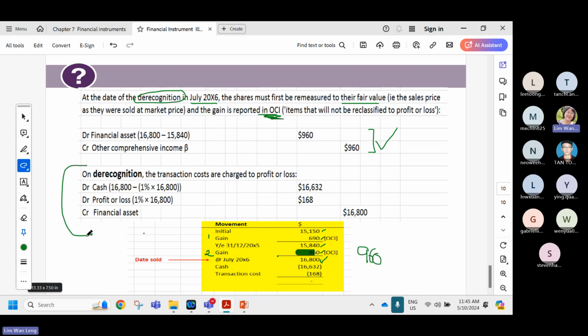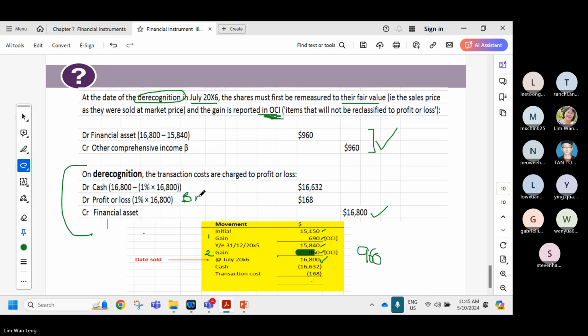So on derecognition, what do you do? Because remember, when you sell off your shares of another company, your brokerage charges is also 1%. So you sold off for 16,800, but the money that you receive, you must knock off the brokerage.